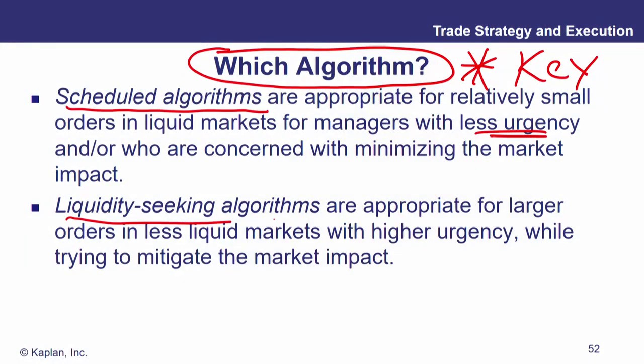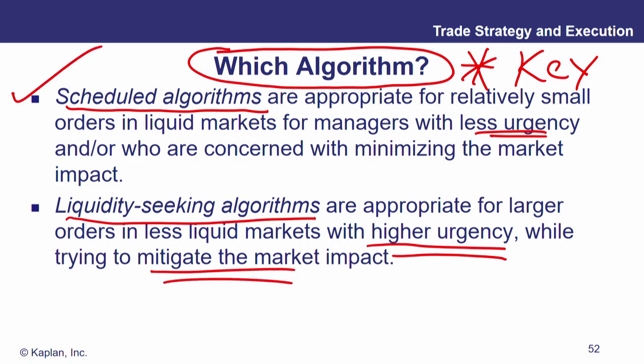Well, we can also use a liquidity seeking algorithm. So they're going to be appropriate for orders in less liquid markets, but now instead of a lower urgency, they have a higher urgency. And again, same thing, they want to mitigate this market impact. Okay, so we've covered scheduled algorithms, we've covered liquidity seeking algorithms.